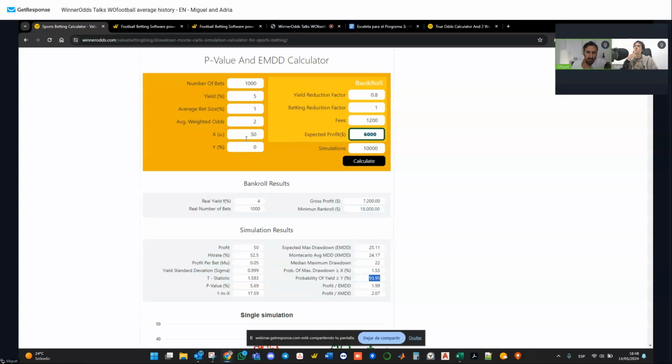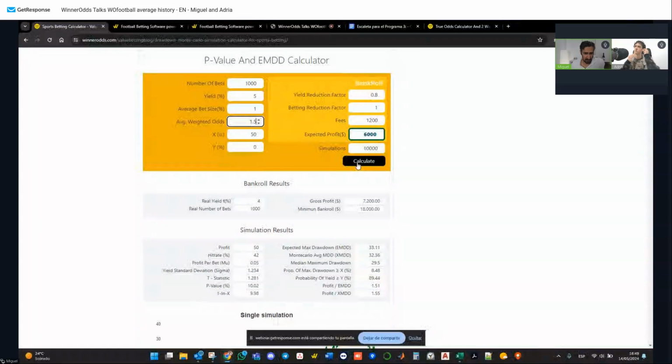And finally, the odds. This is also a very, very important parameter, because the higher the odds, the higher the risk you are suffering. In this case, for the same yield, if you increase your average weighted odds to, I don't know, 2.5, for example, you are betting underdogs, then your risk increases and the probability of ending with profit decreases. So it affects a lot. For the same yield, the lower odds means that the system is better.